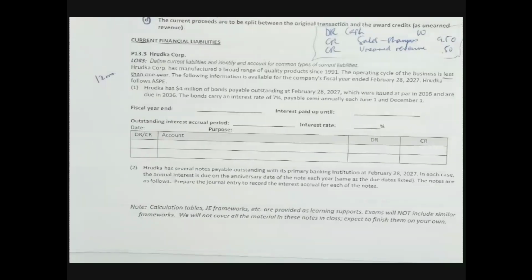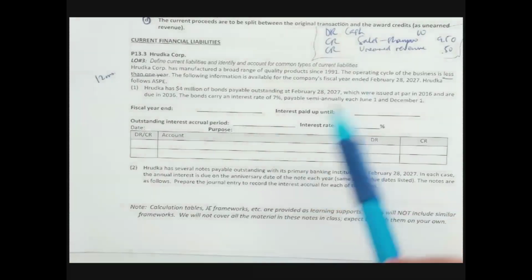Harudka has 4 million of bonds payable, which were issued at par in 2016 and are due in 2036. They carry an interest rate of 7% payable semi-annually each June 1st and December 1st. So when we're thinking about what current financial liabilities are related to this, the bond is already on the books for 4 million, right? Because it was issued way back.